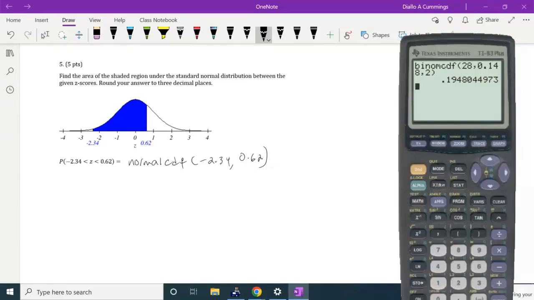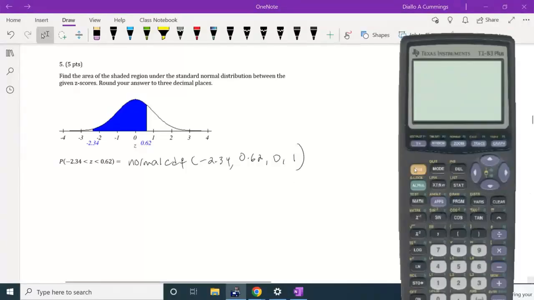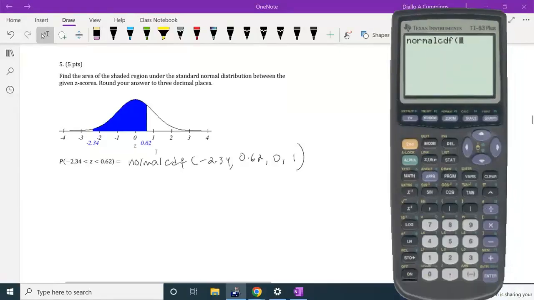But I'm going to put it in, just to be a little bit thorough. So in the calculator, we're going to put this in and find the area, which is the probability, right? So that's normal CDF. Just make sure that if your value is negative, you want to use the negation key and not the subtraction key.